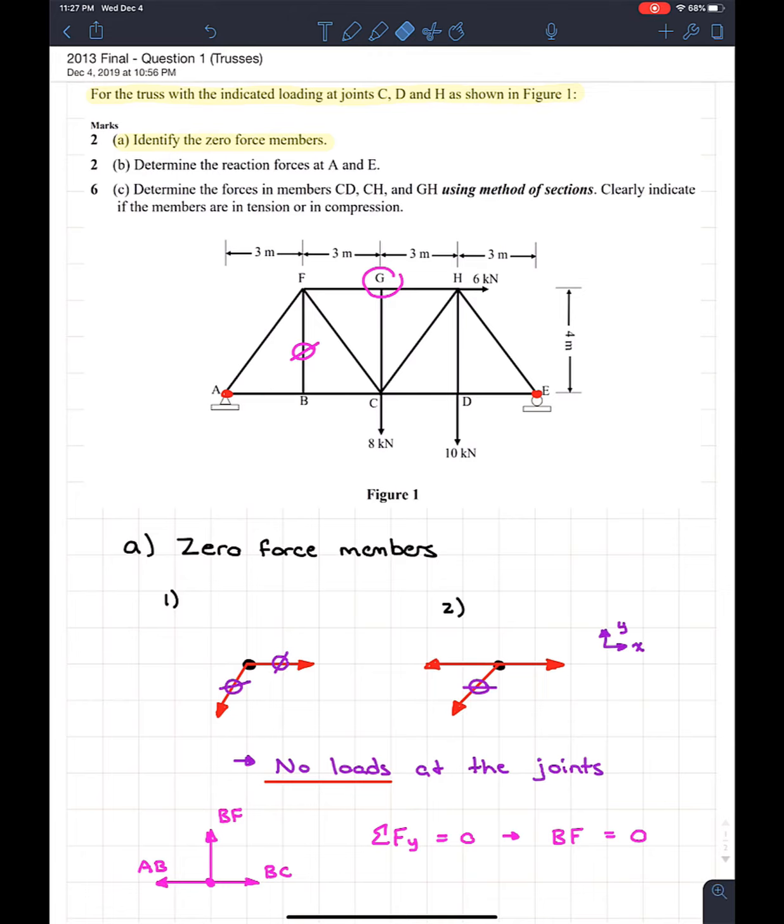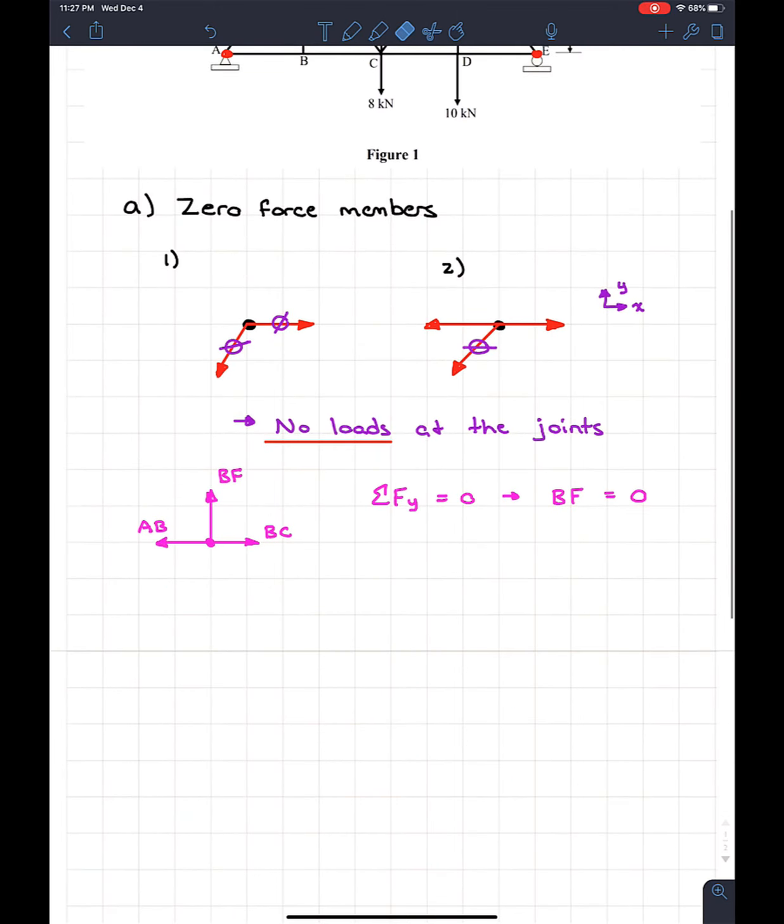Going on to joint G, we first look, are our 2 members collinear? So I'm just going to erase the circle real quick. And we check, oh, yes, there are. We see that FG and GH are collinear like this. So therefore, the third member, which is GC, must be a zero force member. And that meets all of the requirements for cases 1 and 2, so we can conclude that there's 2 zero force members.